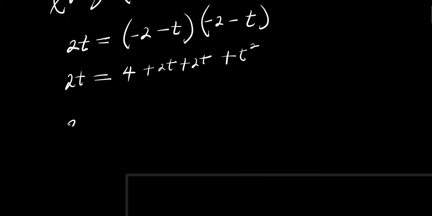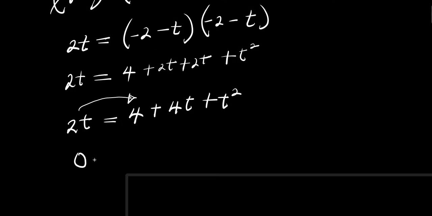So from here, you have 2t equals 4 plus 4t plus t squared. Moving this over here, I have 0 equals 4 plus 4t plus t squared minus 2t.